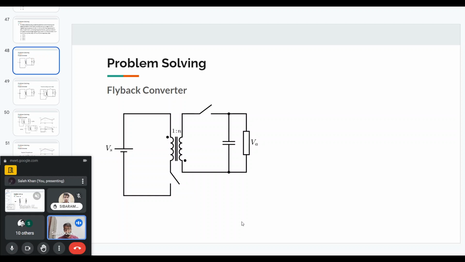So one of the reasons why we require isolation is for safety purposes, because in many cases the output or the input has some sensitive components, so that any problem that happens in the input or output should not be transmitted to the other side of the converter.